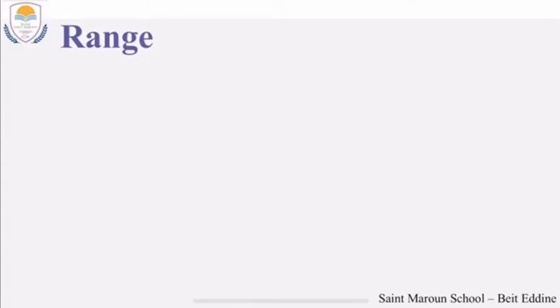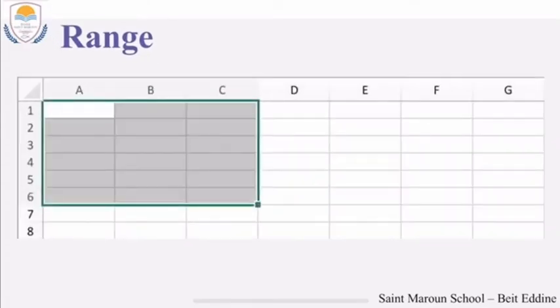Now, range. What do we mean by range? Range is when we choose more than one cell at the same time. So here, as you see, the chosen or the selected area also must have like a name or reference. We call it range. First, we started from cell A1, right?